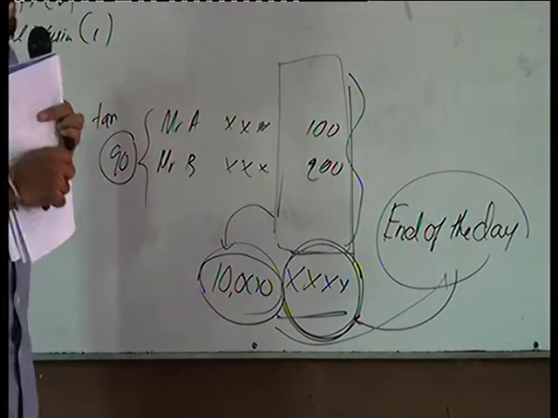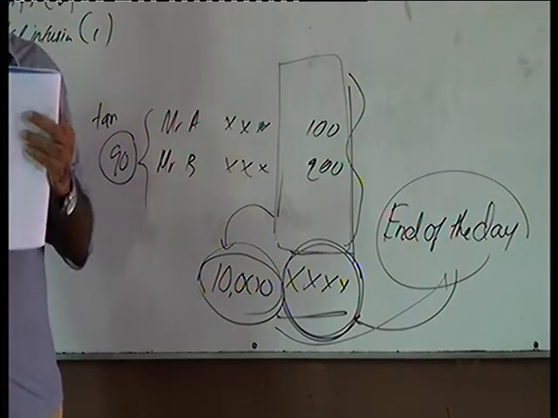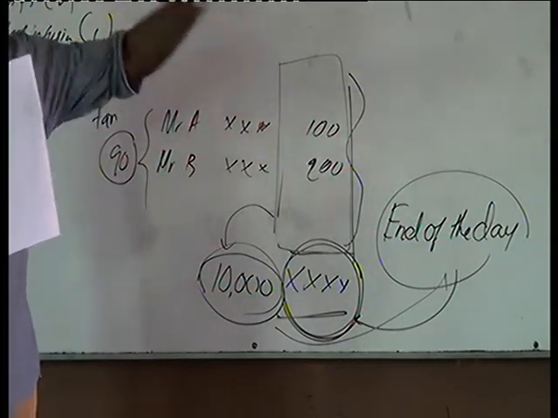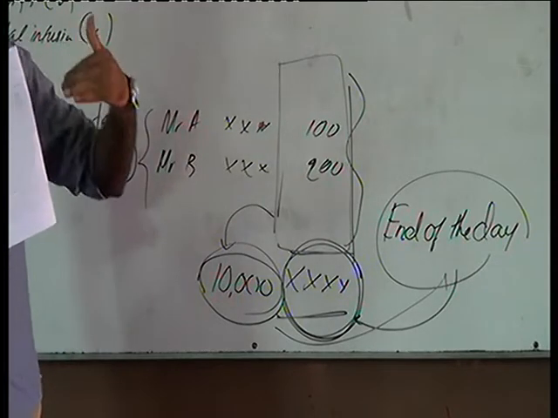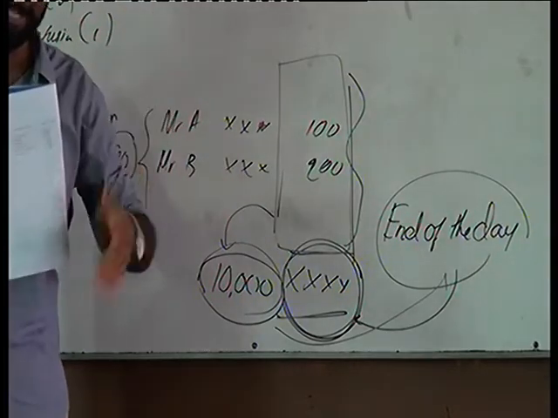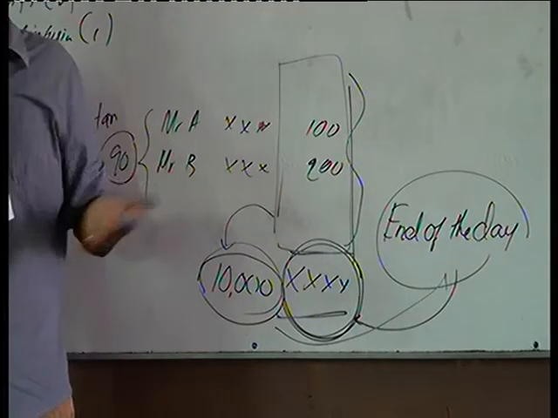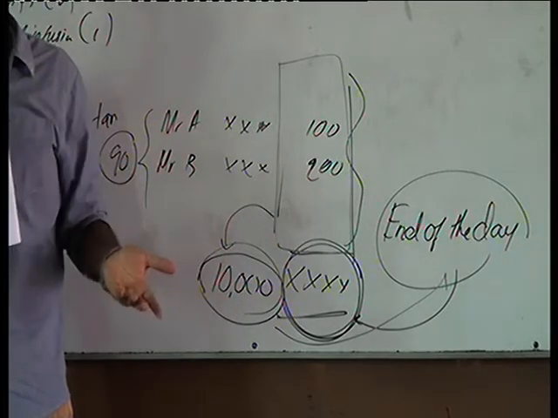Now this end of the day, the frequency of recording, whether it's the end of the day or the end of the week, there is no rule. For this example, I have taken the end of the day. Some companies might record it at the end of the day, another company at the end of the week, and another at the end of the month. It depends on the company's requirement.